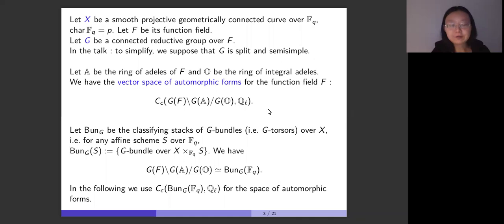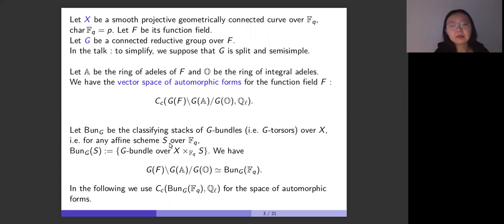And for function fields, we have some special things. That is Bun_G. So this is a very classical object, it has nothing to do with the boundary in Laurent's talk. It's the classifying stack of G-bundles over X, where X is our curve.